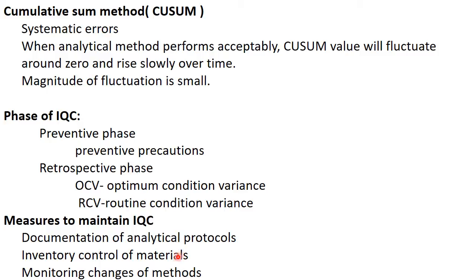That is documentation. Next one is inventory control of materials. When the materials used in the test are received, their quality should be monitored. The material should be tested prior to their routine use. The reagents and materials should be identified and labeled properly.